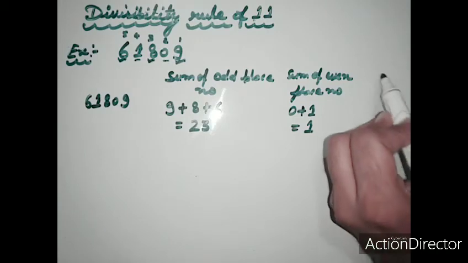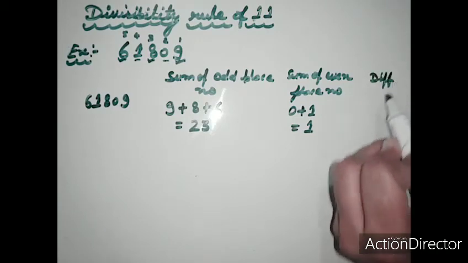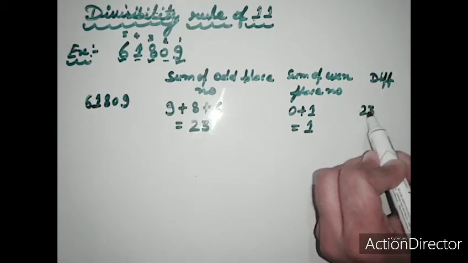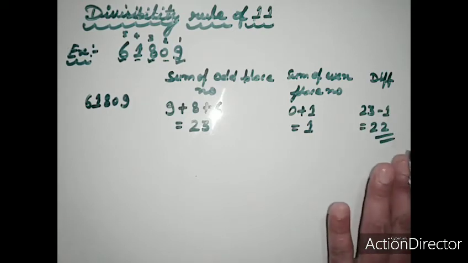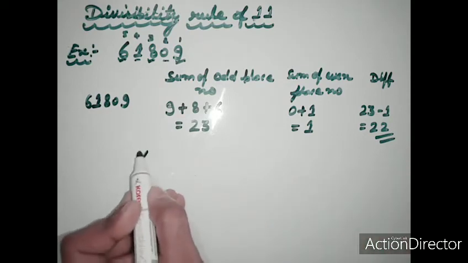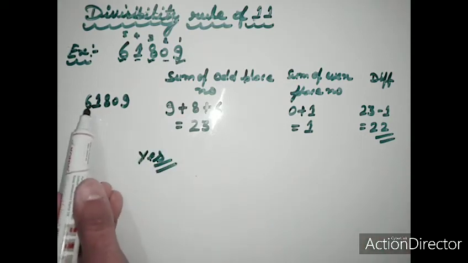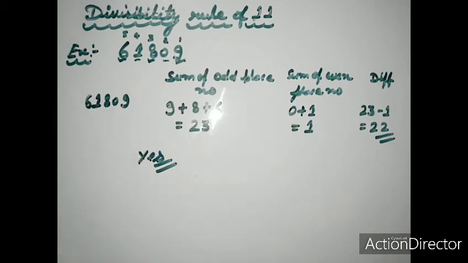Now after that here we find the difference, so we subtract 23 minus 1, and here we get 22, and 22 is divisible by 11. 11 2s are 22, so we say that yes, this number 61,809 is divisible by 11.